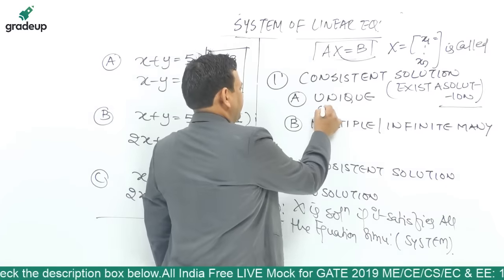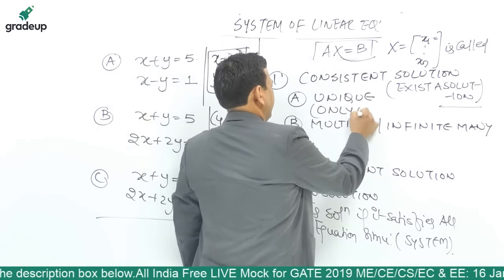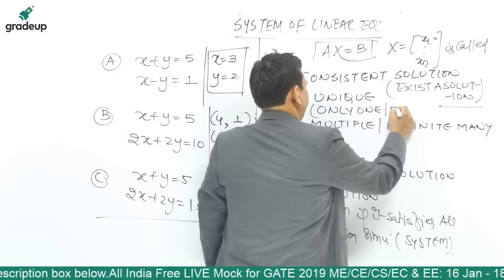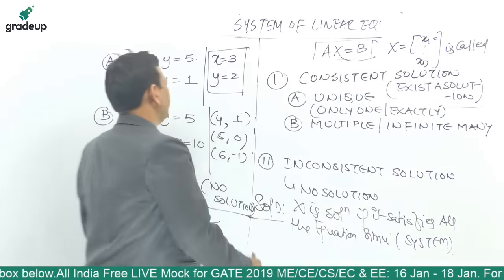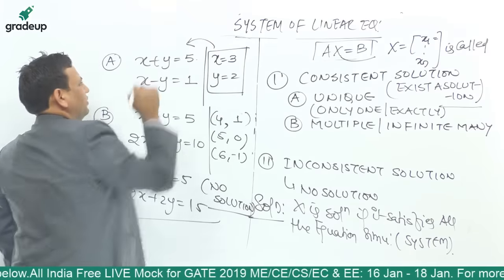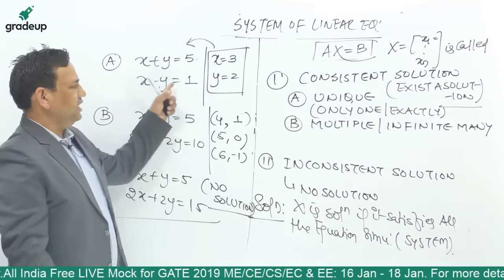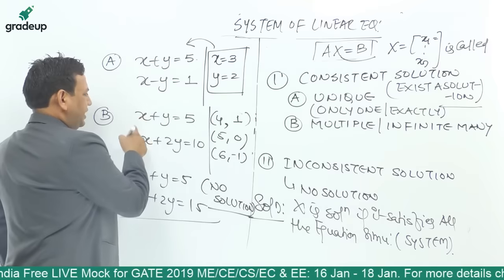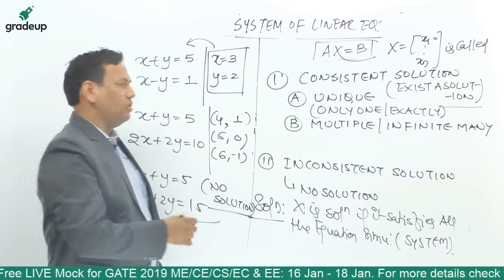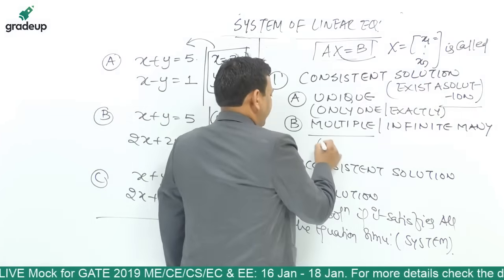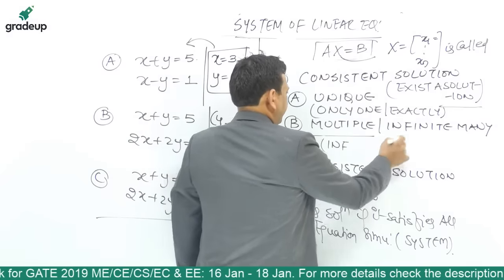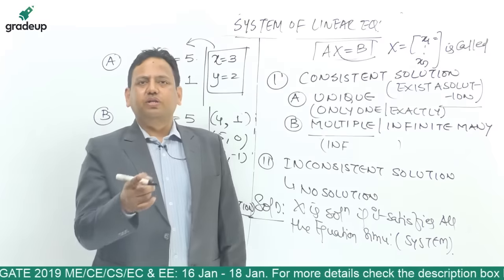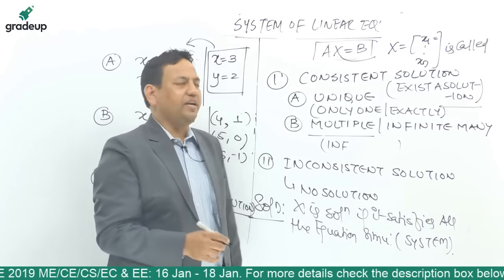Whenever somebody says only one solution or exactly one solution, we say that is unique. So this is the case of a unique solution. Now this is the case if there is more than one solution. If there is more than one, there will always be infinite solutions. If it is not a unique solution, then 100% there will be infinite solutions.